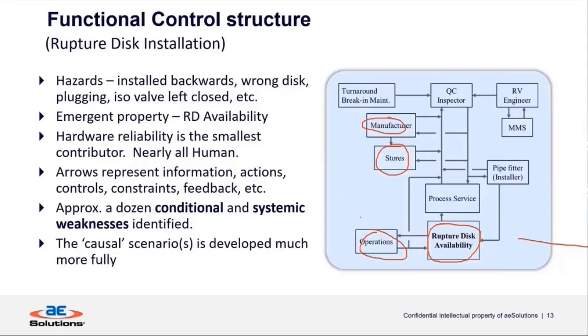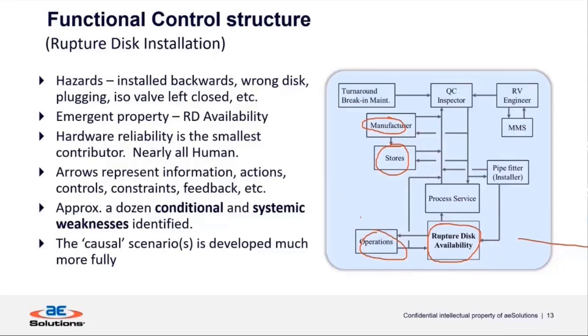But some of the conditions that were found: Operations had an opportunity to provide an extra sign-off on the installation coming out. I mentioned stores. There was a data point where stores was supplying the wrong rupture disk out to first the quality inspector. Everything went through that person.